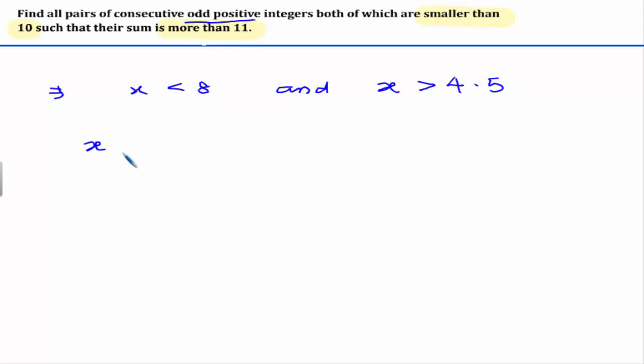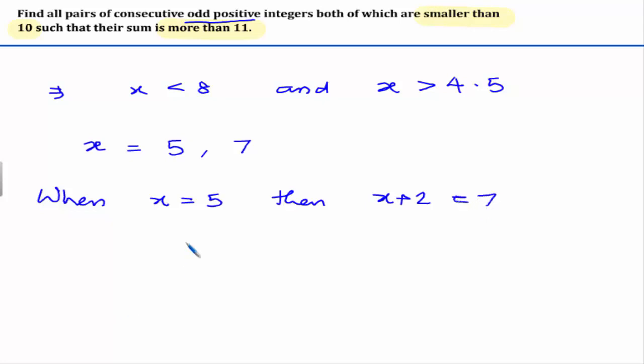Therefore, what should be the possibilities now? x is equal to 5 and 7. Now, when x is equal to 5, then x plus 2 will be 7. That means we got a pair, 5, 7, satisfying the given conditions.